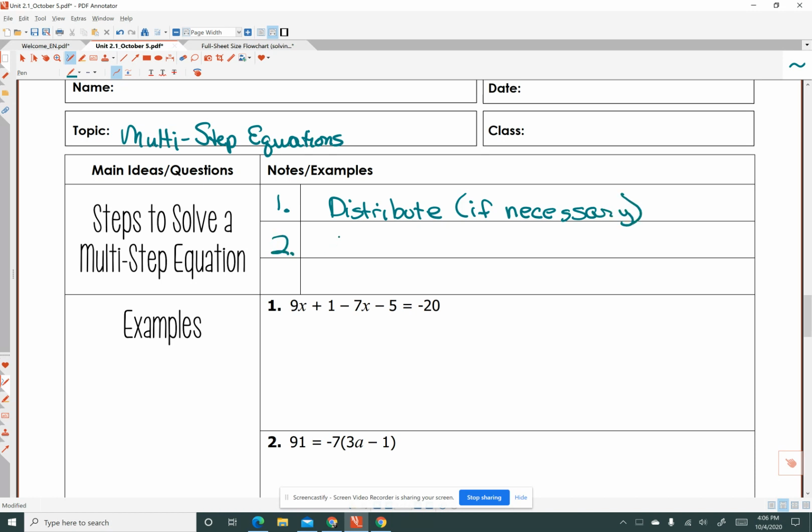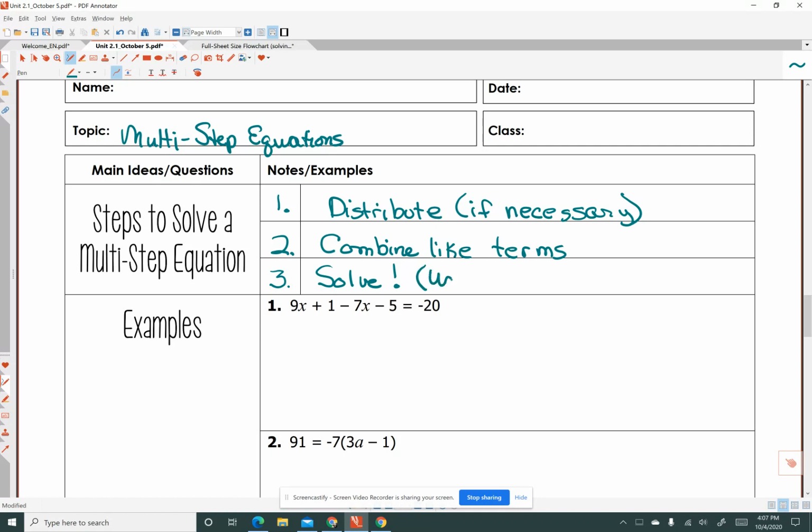You want to combine like terms. Be careful what those terms are. And let's remind ourselves that terms are separated by addition and subtraction, or by an equal sign or inequality sign. And our last step, we solve. We solve using those inverses and using the order of operations.